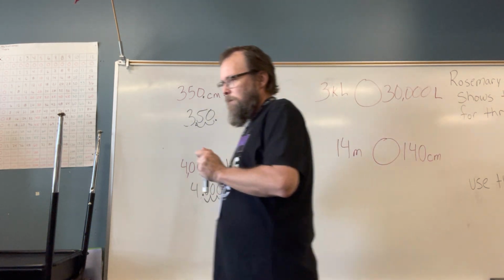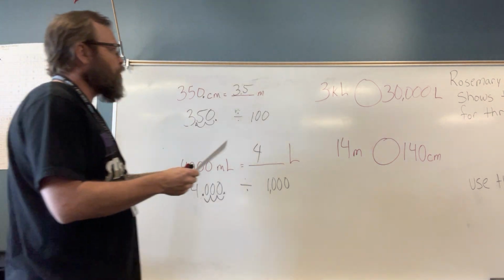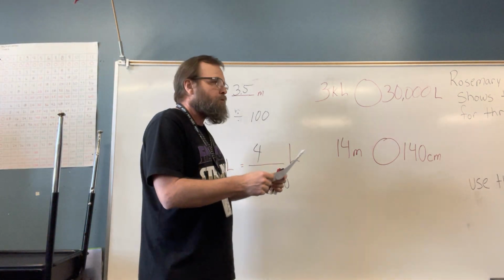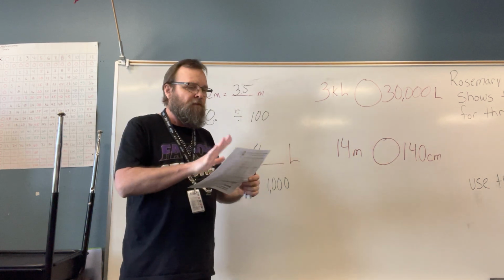Now, a very smart person pointed out to me that kiloliters and liters is not on the formula chart. However, I said we could use them interchangeably as we do kilometers to meters, because it's all the same base. Kilo is 1,000.